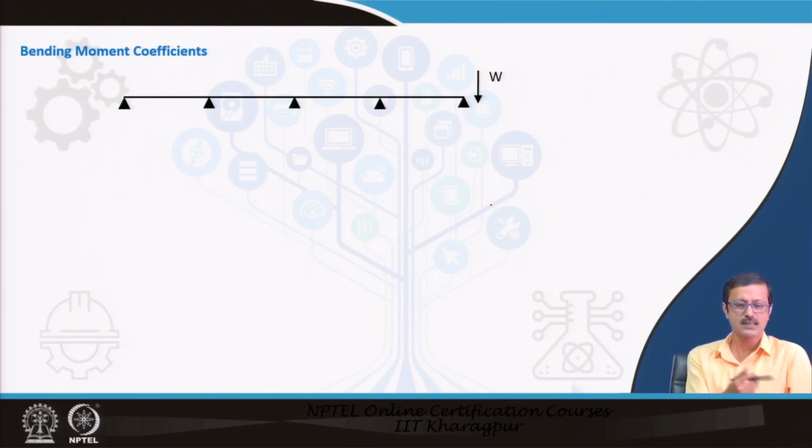So, in some of the books or handbooks, we can get some kind of bending moment coefficient. For a continuous beam or for a fixed beam, there are some other coefficients also.